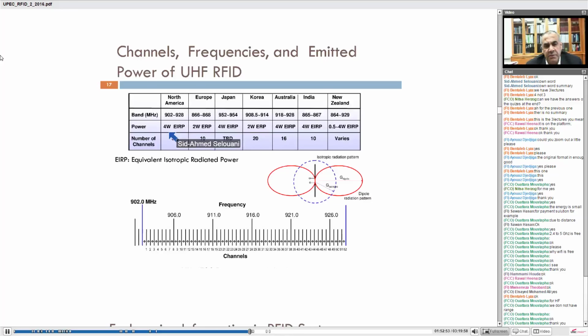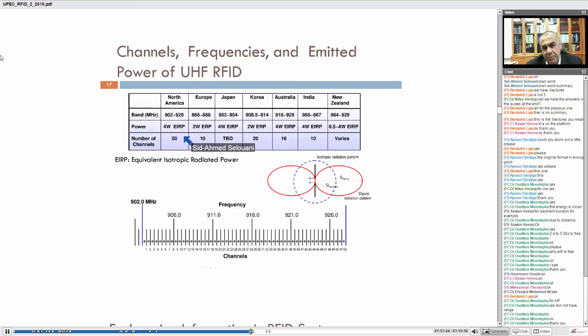Now the question about the frequency, channels, and so on. Let's focus on the UHF, which is the widely used technology, UHF RFID. If you take North America, for example, we said that the range is 902 to 928 megahertz.